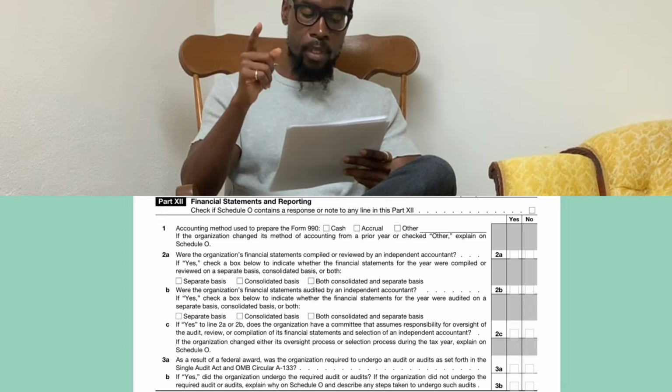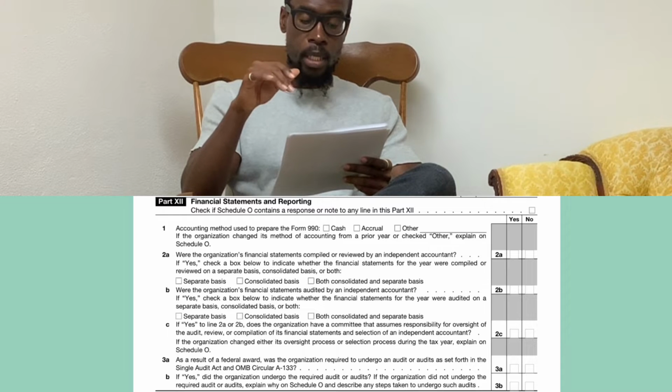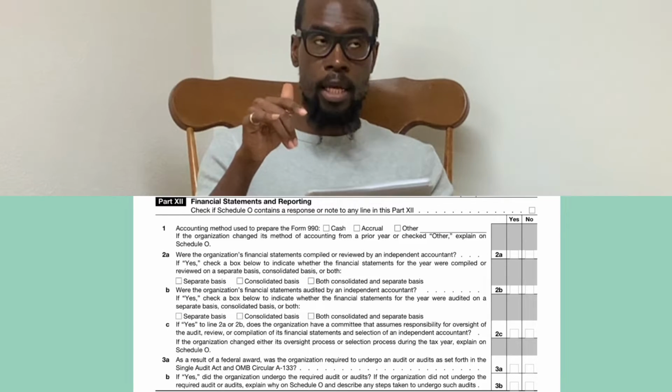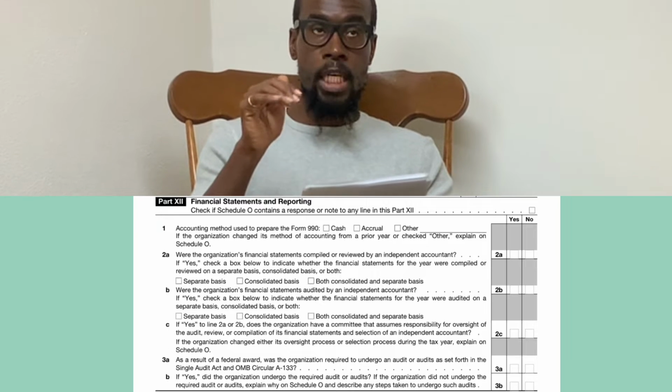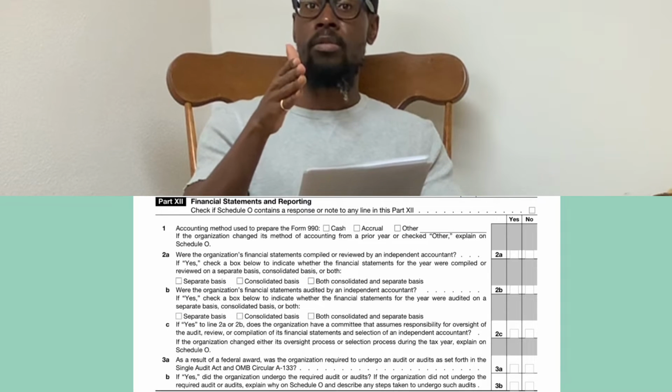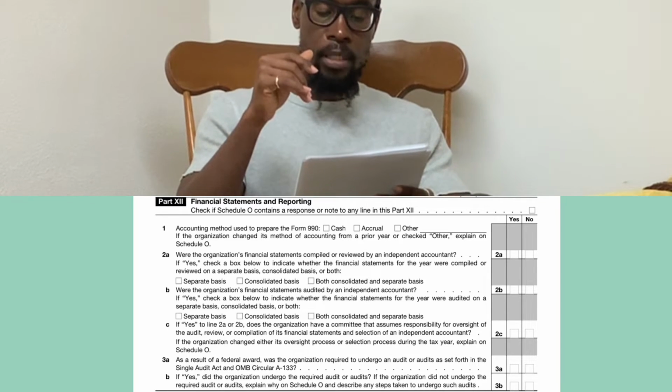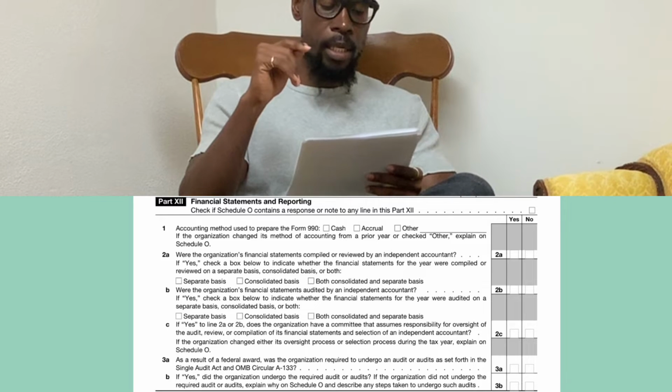If yes, check a box below to indicate whether the financial statements for the year were compiled or reviewed on a separate basis, consolidated basis, or other. Again, that indicates that they want to understand if you have a professional with you helping you with this information. So that's one indication there.